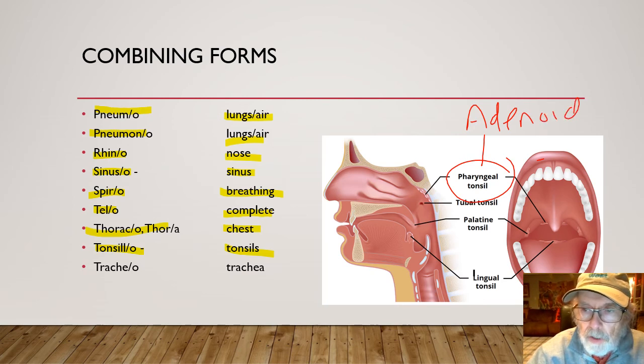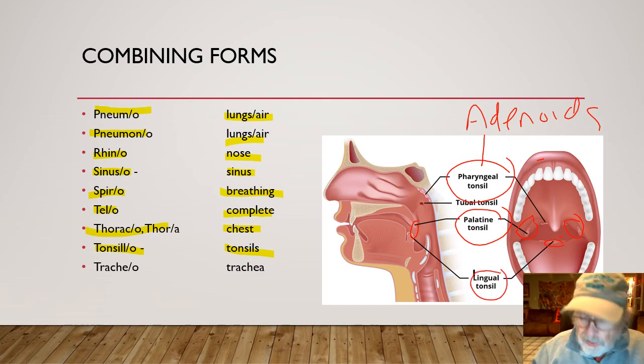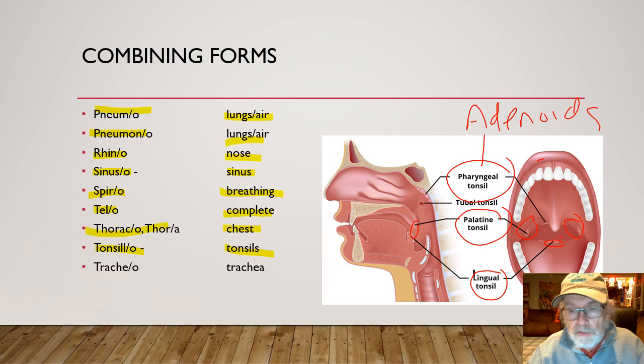We have our palatine tonsils, which are the ones that we usually think about. Here's the palatine tonsil on the side. And at the back of the throat, we have these things called lingual tonsils. If you take your finger, if you have a good gag reflex, and you feel the back of your throat, it's going to feel very lumpy, bumpy. What you're feeling is some of the area of the lingual tonsil at the back. So tonsillo means tonsils.